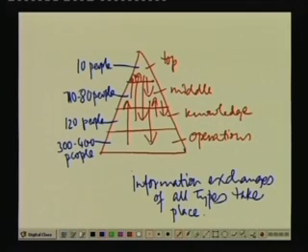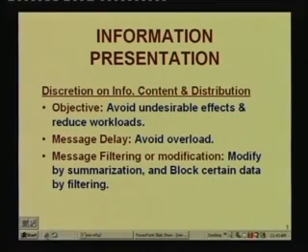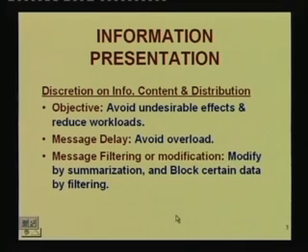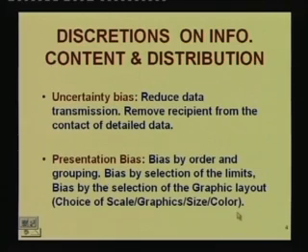So, it is very important that they have message summarization and message delay and similar things. Avoid undesirable effects to reduce workload, go for message delay, avoid overload, message filtering or modification, modify by summarization, and block certain data by filtering. That is very important from an information presentation point of view.